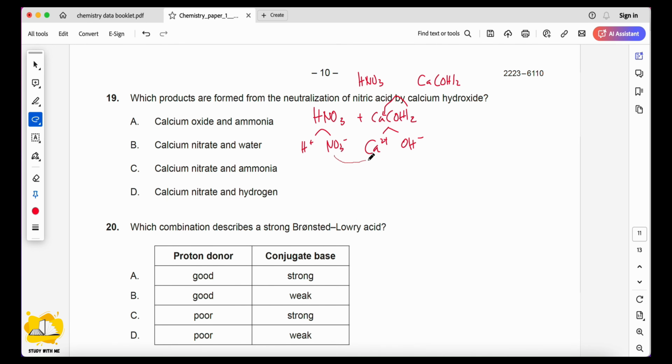So the negative will be paired with the positive ion. So Ca2+ and NO3 minus. So you do the crisscross, Ca and NO3, 2. So it's calcium nitrate, and H plus with OH minus will produce water.